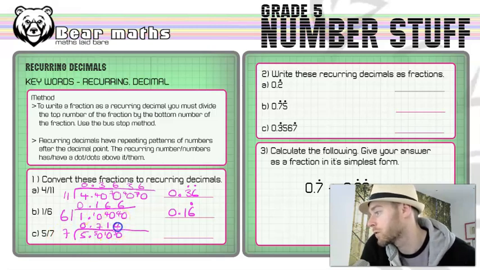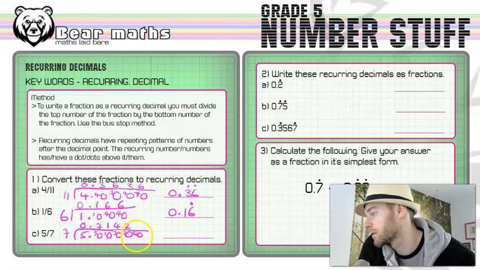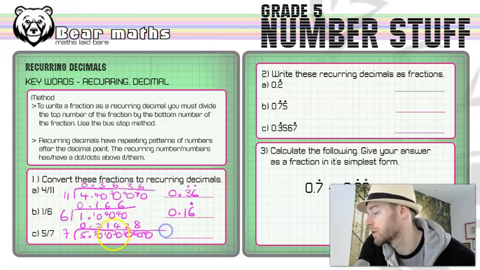Into 30 it goes 4 times with 2 left over. Into 20 it goes twice with 6 left over. And then into 60, that is 8 times with 4 left over. And then into 40 it's going to go, extend it a little bit more, 5 times with 5 left over. And once I've got to that 5, I know that that's going to start recurring again.